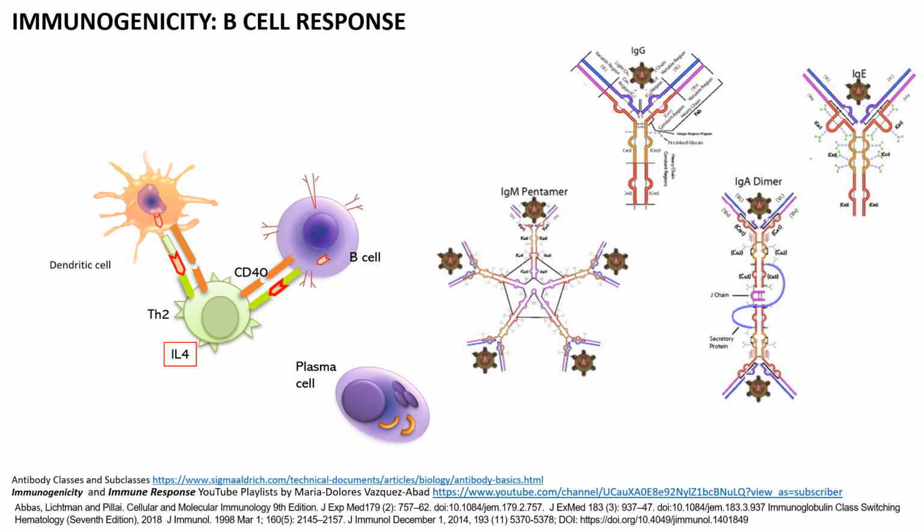In addition, this Th2 cell can also stimulate these B cells, producing memory B cells. These memory B cells now have the ability to identify the original drug. Not everybody who has an immunogenicity B cell response with the presence of anti-drug antibodies has memory to them.